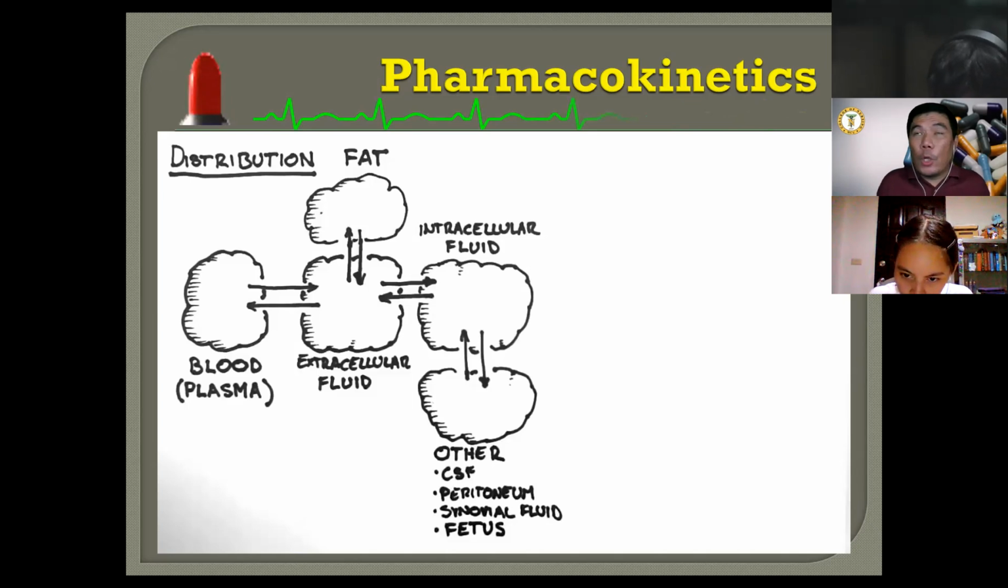Moreover, we have studied in anatomy and physiology about the cell. The cell is divided into two compartments. What are the two compartments of the cell? The clue is already on the screen. What are the two compartments of the cell?